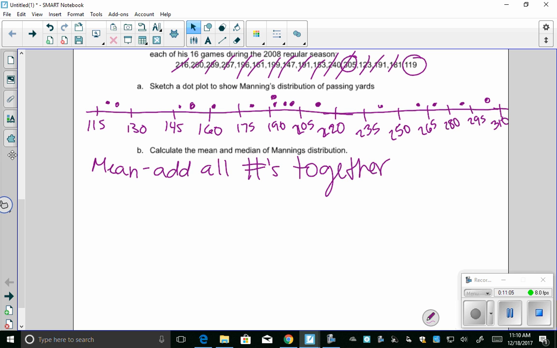All right, so mean, you add all the numbers together. So what do you get when you add them all together? You see if anyone agrees or disagrees with you. But I want the total. I don't want it before you divide. I want it before you divide, not after.